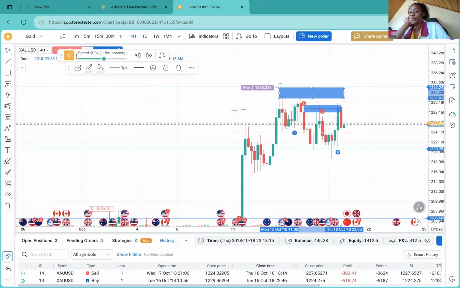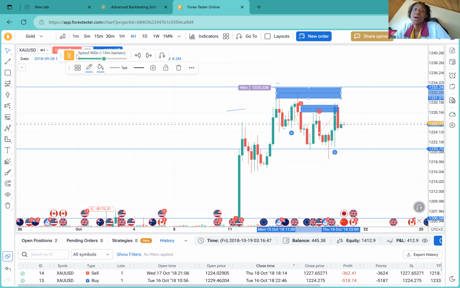Yeah. Ranging. When price is ranging, it's very choppy. It's best not to trade when price is ranging, unless, so what I'm meaning is, if you're going to trade, don't target too high.